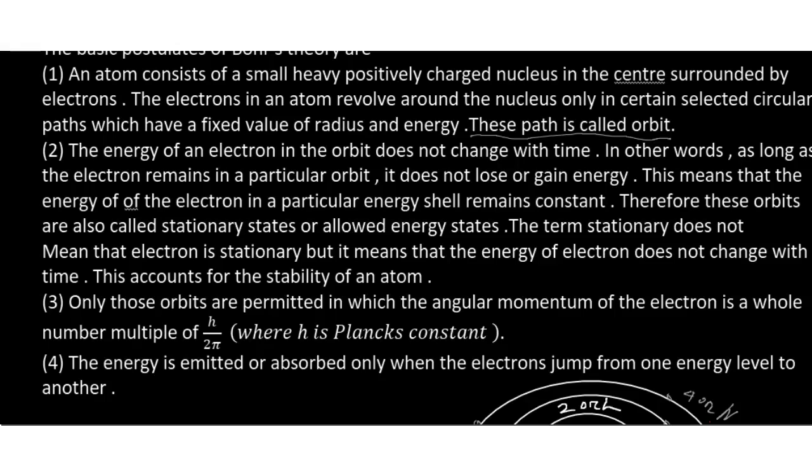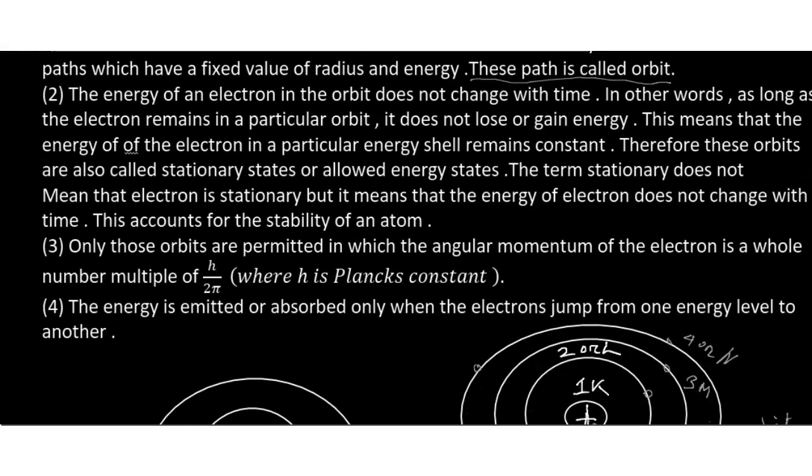Therefore, these orbits are also called stationary states or allowed energy states. The term stationary does not mean that the electron is stationary, but that the energy of the electron does not change with time. This accounts for the stability of an atom.